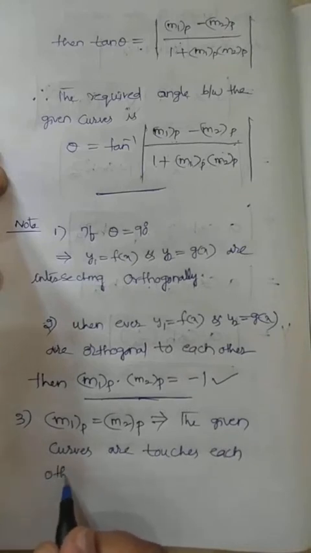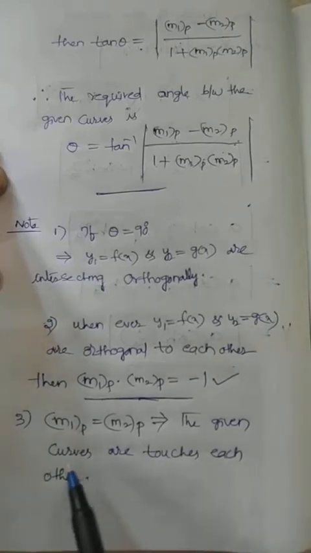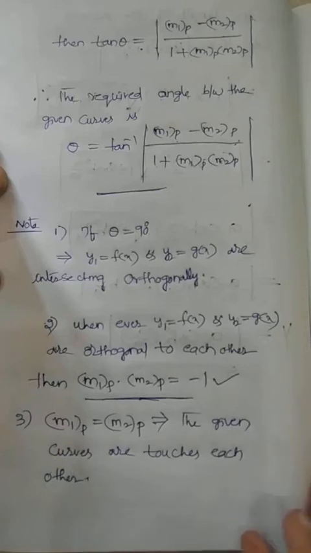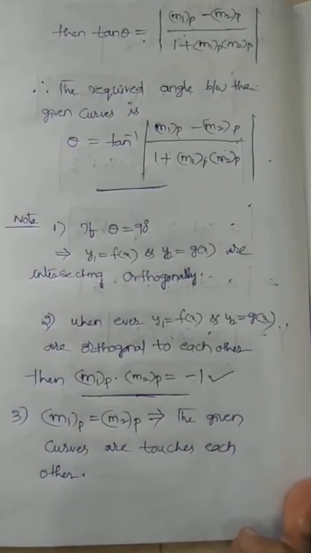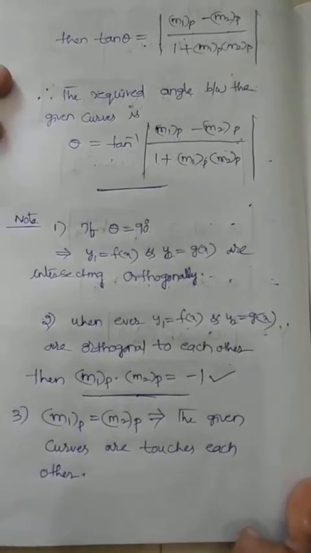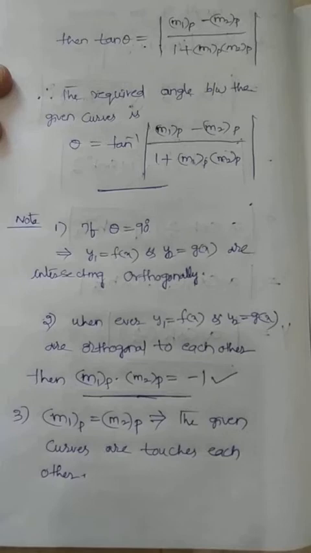What is the condition? Whenever the tangent line slopes are equal, m1 at p equals m2 at p, then we can conclude that the given curves touch each other.